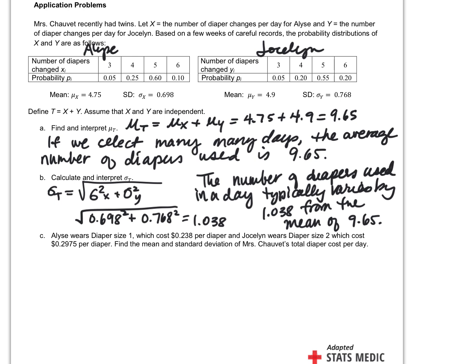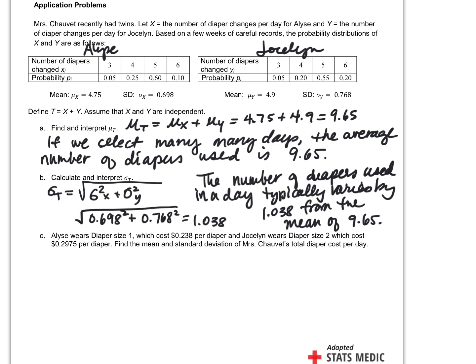Remember, is standard deviation affected by multiplication? It is, right? So I would have to multiply the mean and the standard deviation of Elise's diapers by this cost. Is that with me? Okay, so let's do that.